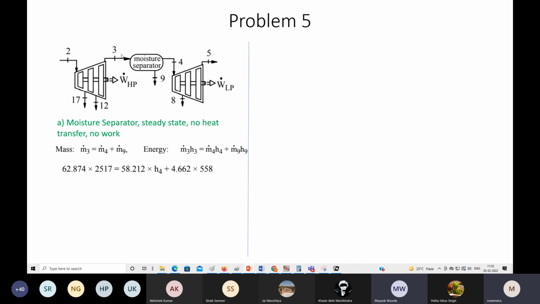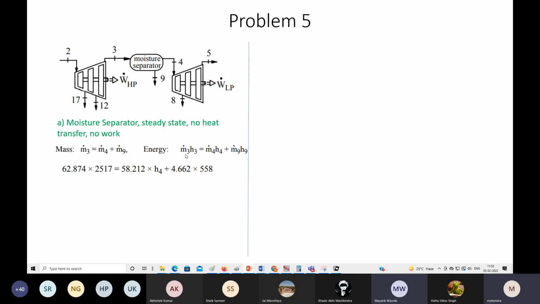Anyhow, we are considering potential and kinetic energy terms from the beginning; from the thermodynamics point of view, we are neglecting them. Like your previous heat exchanger problem, this is the same kind of setup, but otherwise mass separation is happening over here. Obviously this is not a heat exchanger. So the enthalpy at the inlet equals the summation of the enthalpies at the two outlets.